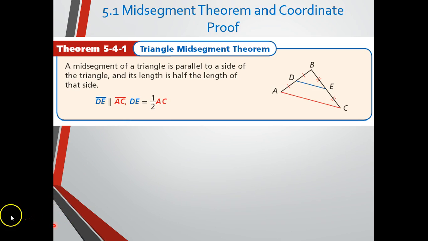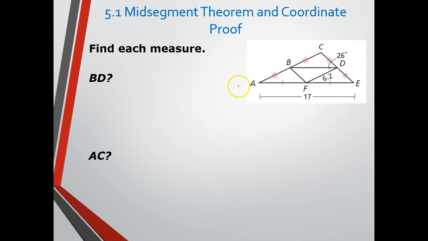Okay, so let's look at the next example here. Using that midsegment theorem that we just looked at, we're going to find each measure that we're asked to find. So we're asked to find BD and AC. Well, let's look at this figure over here.